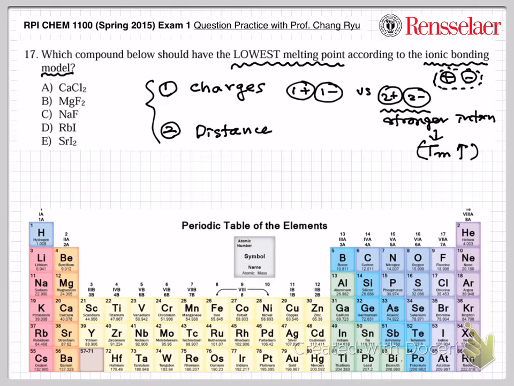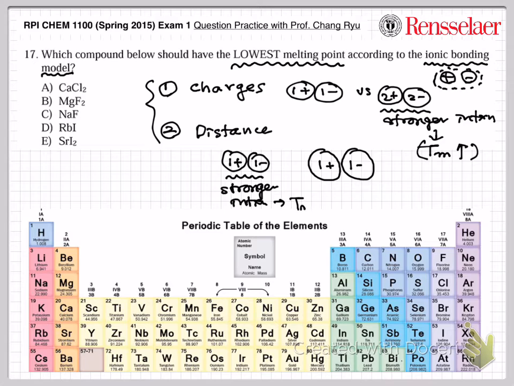In terms of distance, if you have, let's say, 1 plus, 1 minus with a small atomic radius, versus 1 plus here, 1 minus here, this is the shorter distance, and therefore they will have a stronger interaction.